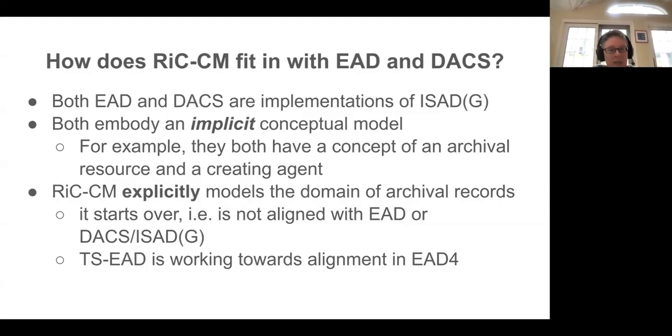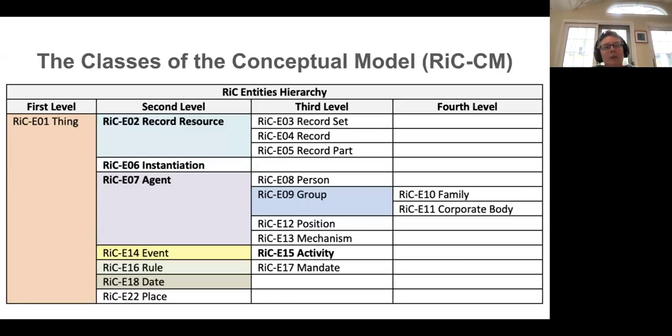And I also want to point out that TS-EAS and the subgroup TS-EAD is working towards an alignment in EAD4 already. And so that incremental work of getting from A to B, so to speak, has already begun.